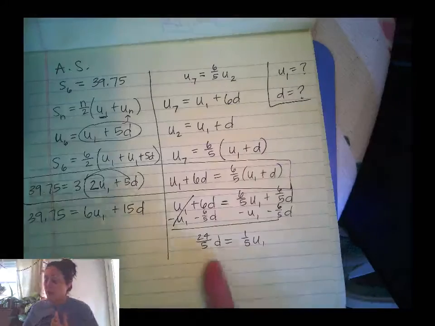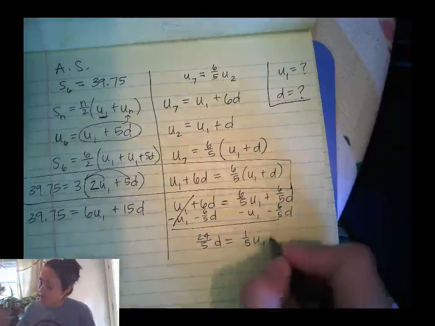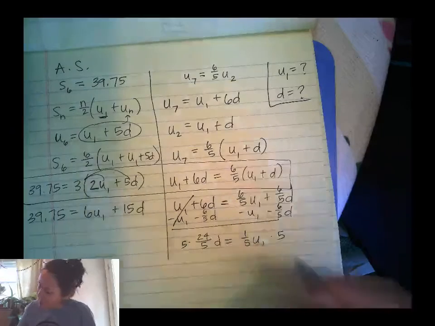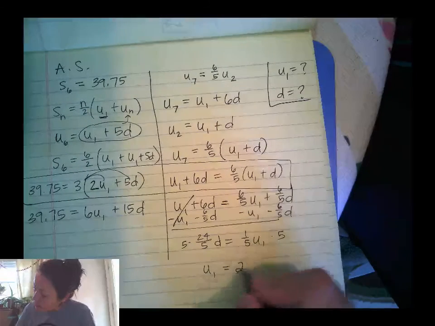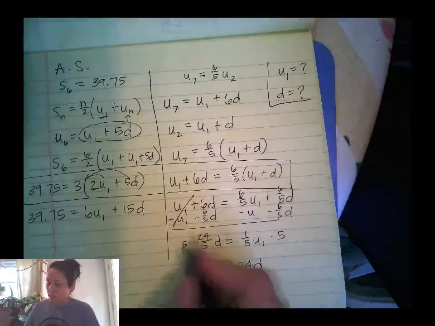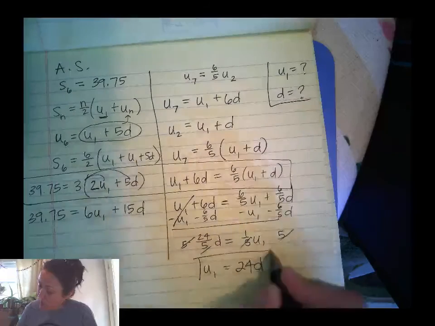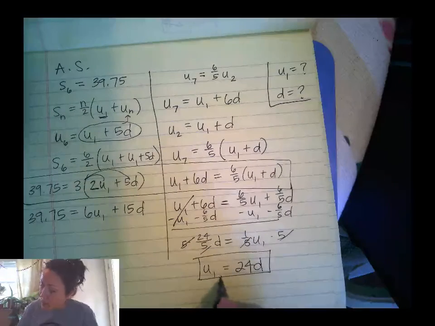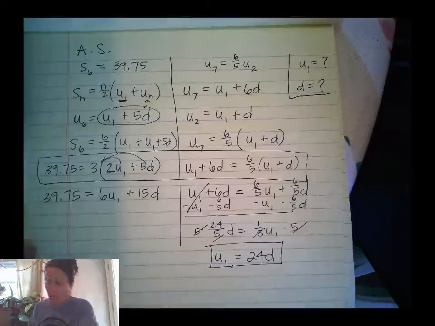All right, and then finally, I'm going to solve for one of these. Guess which one it's going to be? I'm going to multiply both sides by 5. And I get u sub 1 is 24d. And this is great because I'm going to take this u sub 1 and substitute it back into my other equation. That's called substitution.